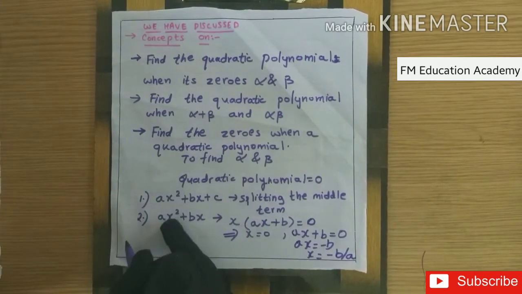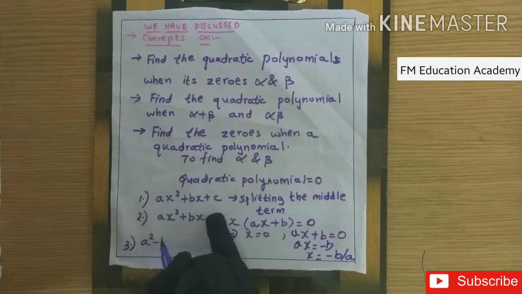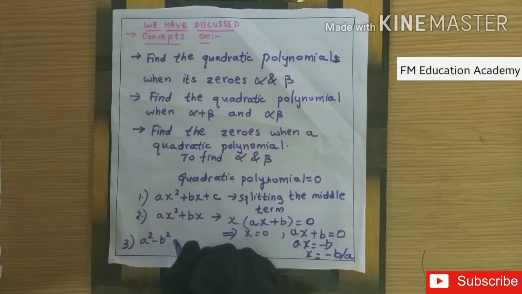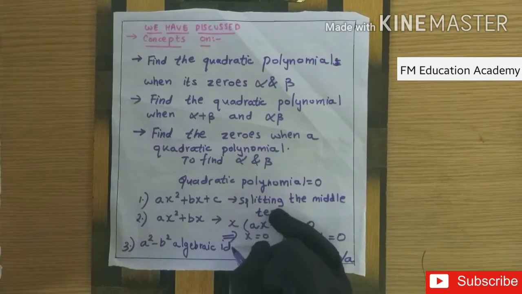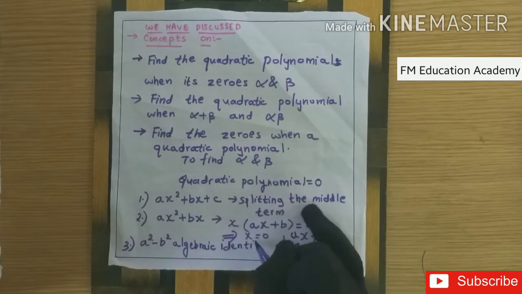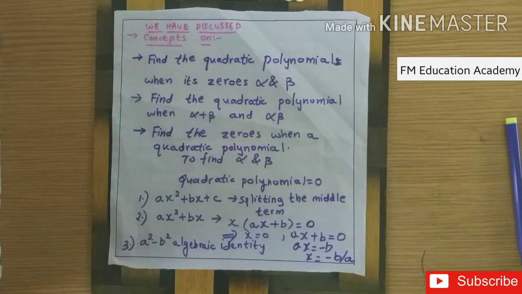The third type may also be when the polynomial is in the form of a square minus b square algebraic identity. I have already uploaded a video on this concept.